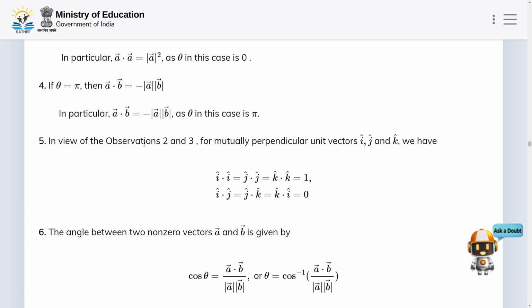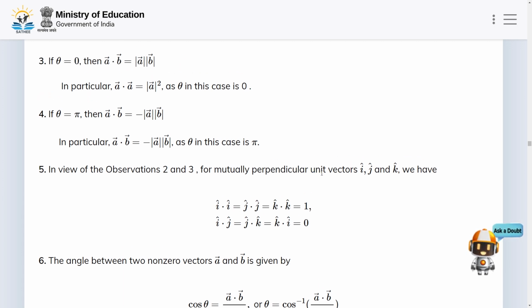Now observe 2 and 3 for mutually perpendicular unit vectors. You will have i dot i is equal to j dot j is equal to k dot k is equal to 1. Why? As this vector and this vector make an angle of 0 degrees, it will be the square of the magnitude of these vectors, and the magnitude of each is 1, as you can see from the third point.